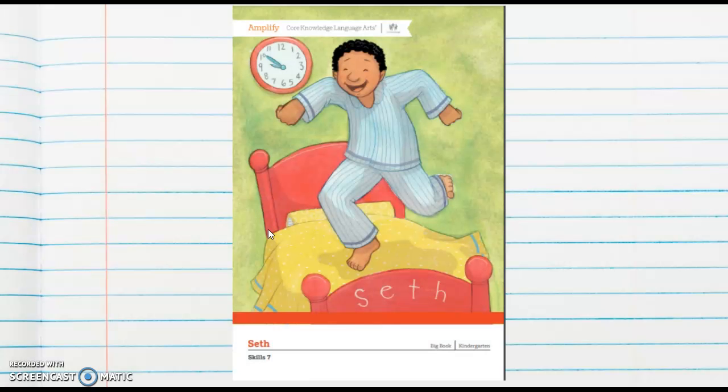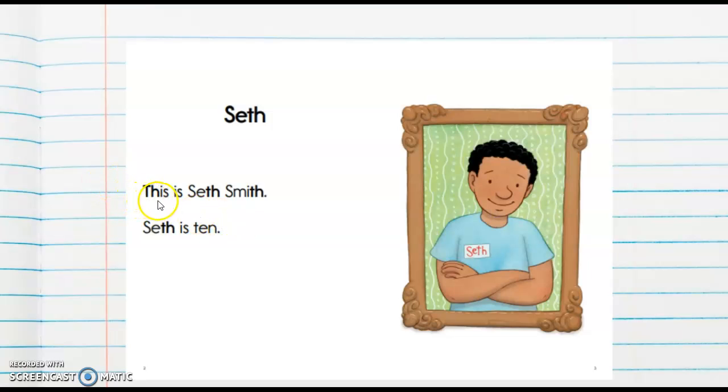All right, so now I'm going to read it a second time, and I want you to recognize the letter teams and the sound or z. Okay? Ready? This is Seth Smith. Now, if you notice at the beginning of this sentence, it has an uppercase letter because anytime you start a sentence, it always begins with the uppercase letter.